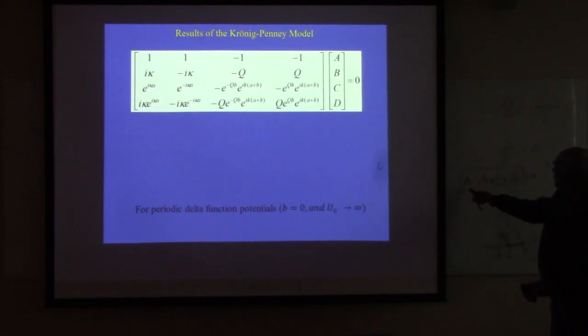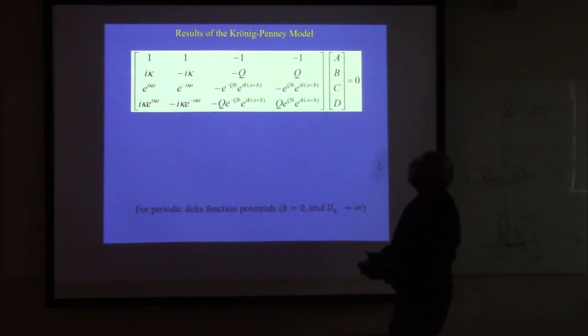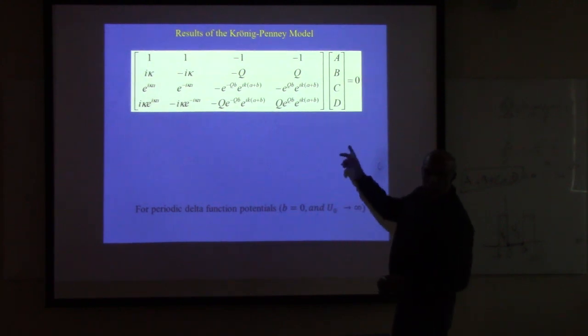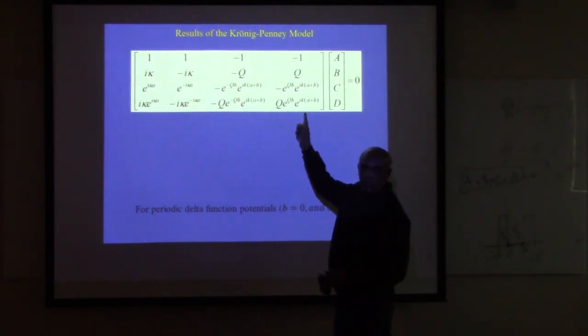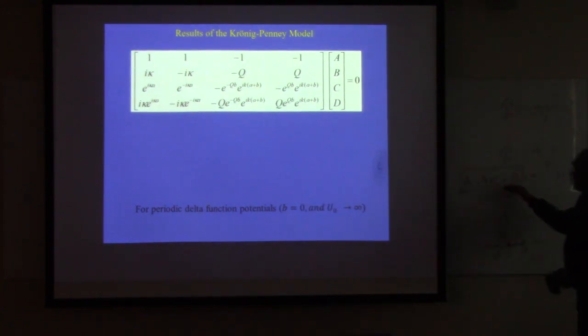If you put the coefficients as 1, 1, minus 1, minus 1, you know how to write the determinant of the 4 equations. Then this equals 0. Then what should you get? Your determinant should be 0. If you have 4 equations with these 4 coefficients, you know how to solve it, right?